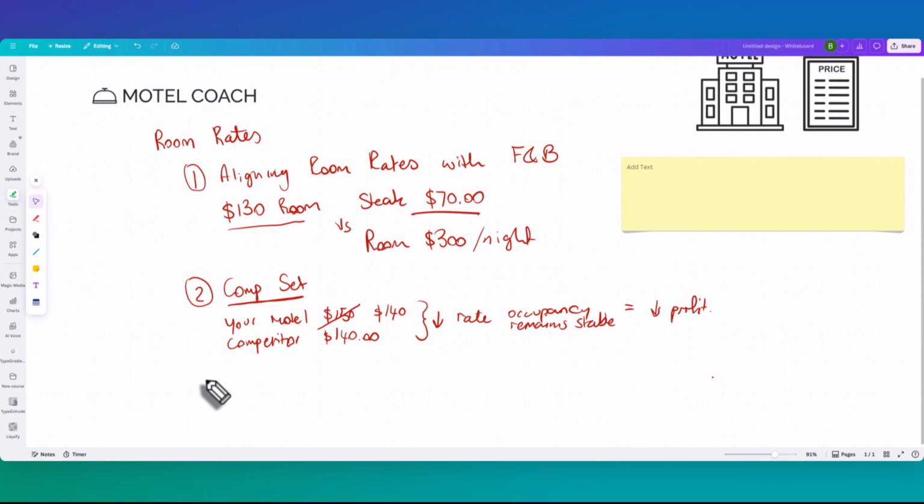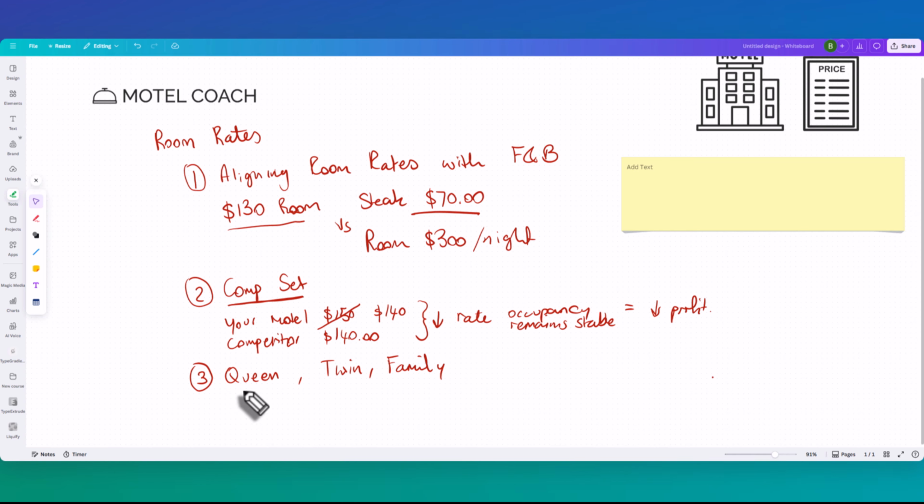The last one we're going to look at is setting our room and profit margin by room type. Often I find when I come into motels, we'll have a queen room, a twin, and a family.